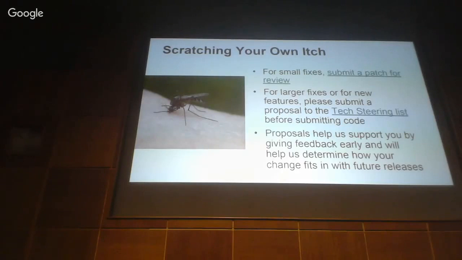And also, somebody might just submit a small fix because he sees a problem, for example a port, or he wants to augment a little thing, and he just submits a patch for review on Gerrit. If you have something much bigger to implement, you might want to submit a proposal to the TST, which, as Ali mentioned before, is valid for both ONOS and CORD. It's the same.